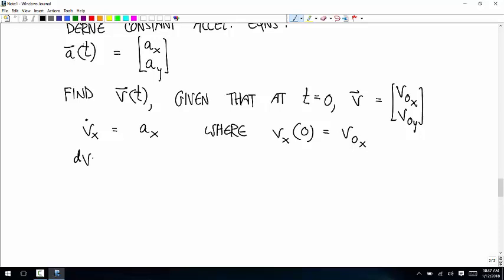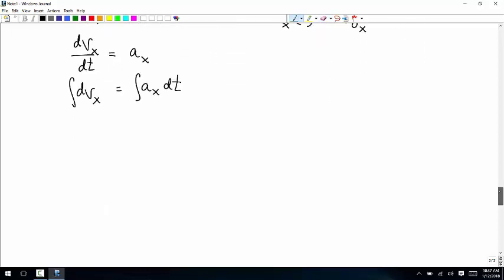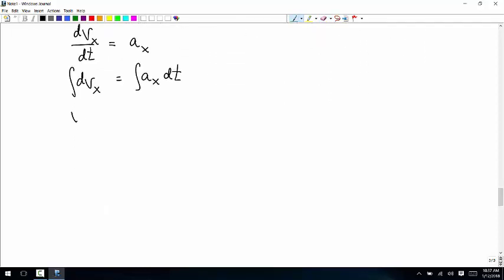Then you use separation of variables. So vx is equal to ax t plus a constant.